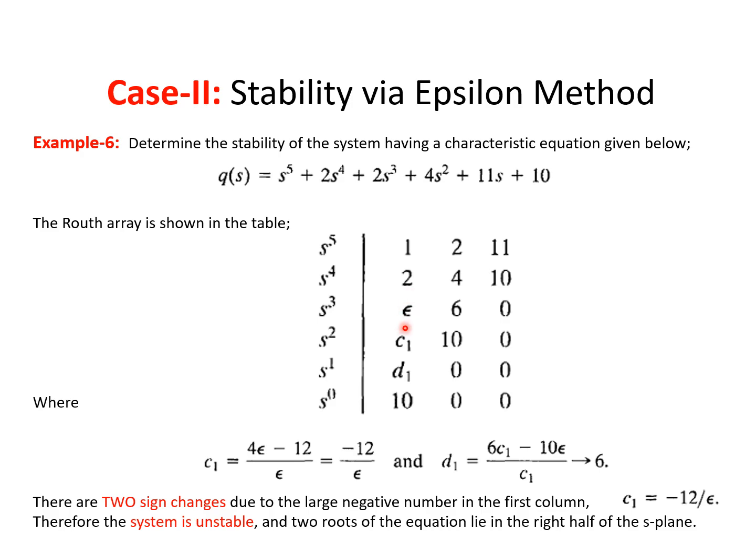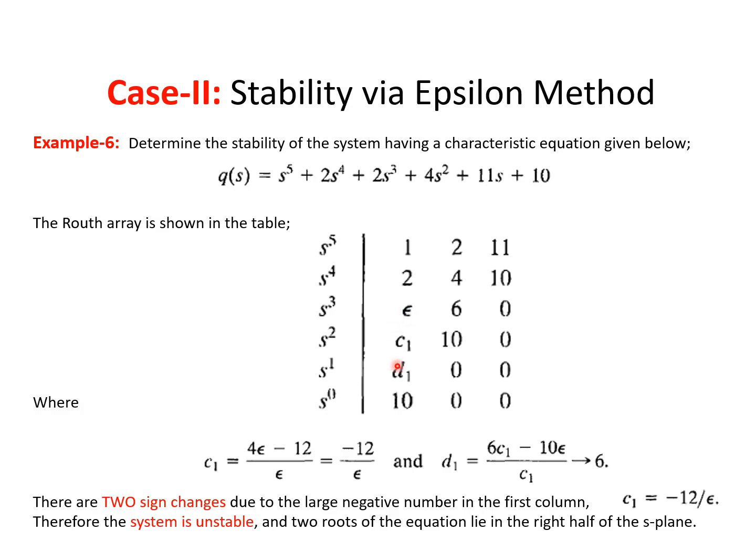So here this is replaced with epsilon, and then we construct the next consecutive rows using that epsilon value, where c1 is obtained as 4 epsilon minus 12 by epsilon, which is nothing but minus 12 by epsilon. And similarly d1 is taken as 6c1 minus 10 epsilon by c1, which you will get as equal to 6. So you can observe that epsilon is considered to be positive.